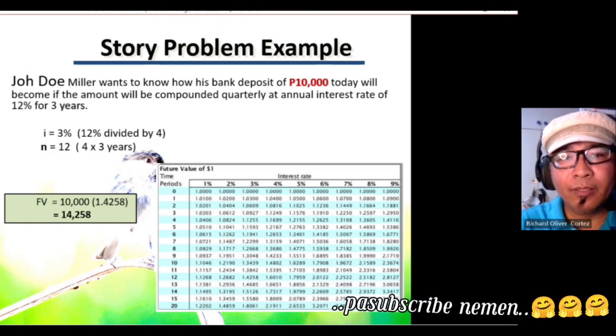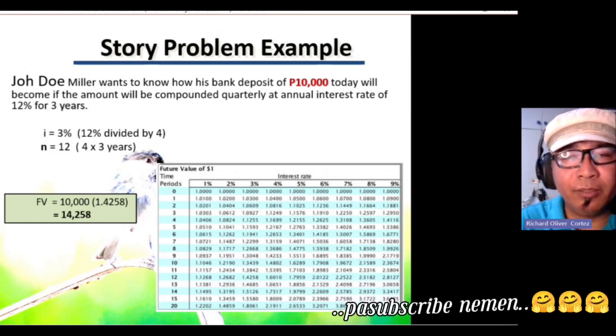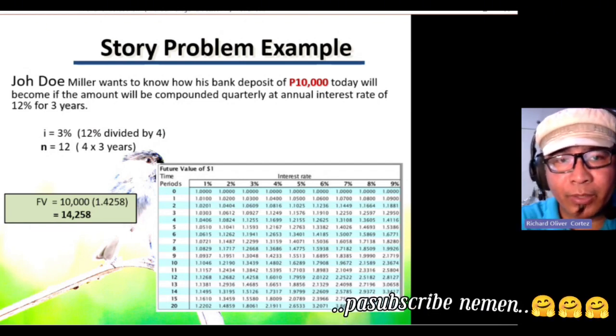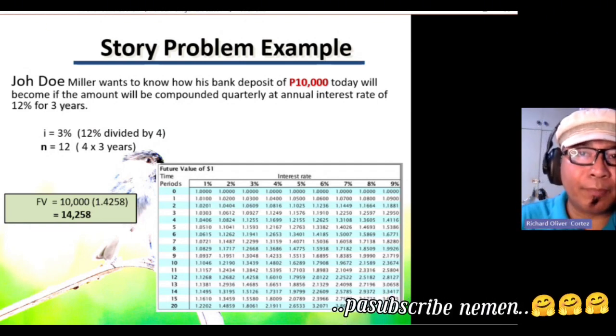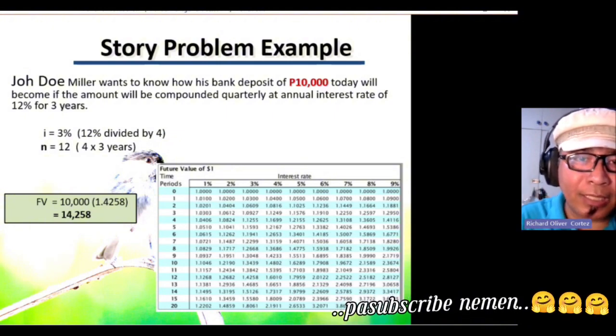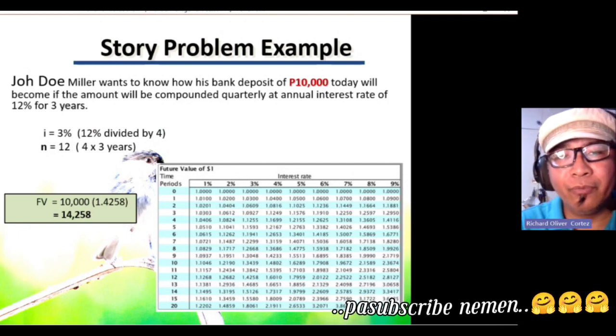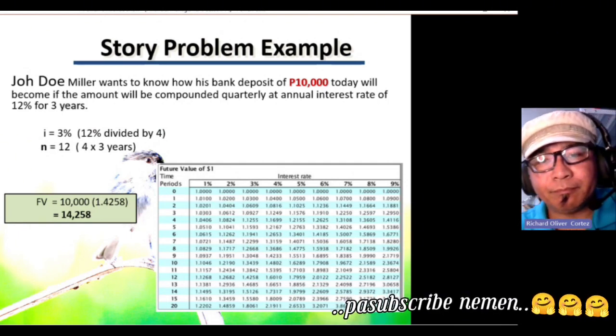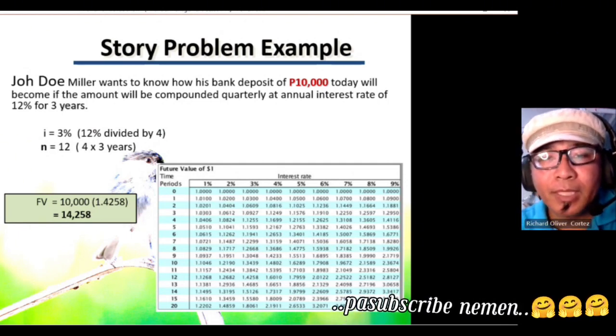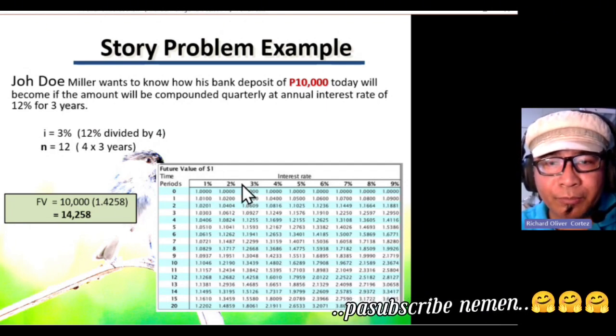Tatlong taon yan. So we just multiply the 4 by 3 years. It will give us 12. So 12 times na mag-compute ng interest sa loob ng tatlong taon. Okay? So you find the N or the 12 under the 3% column.